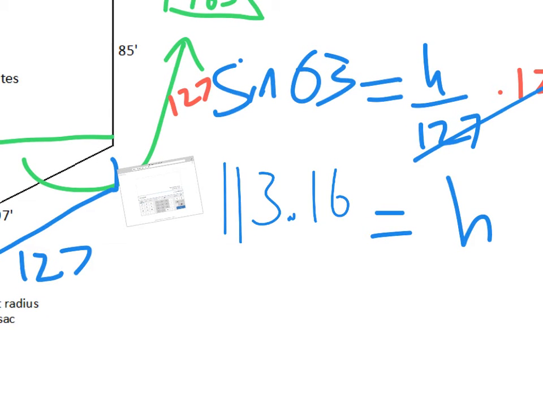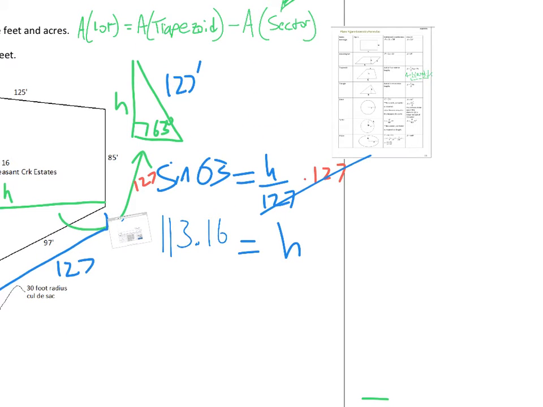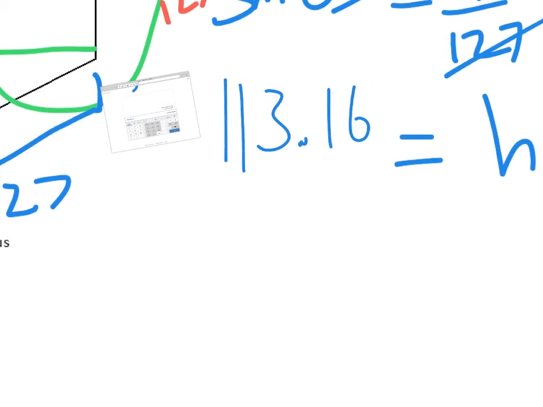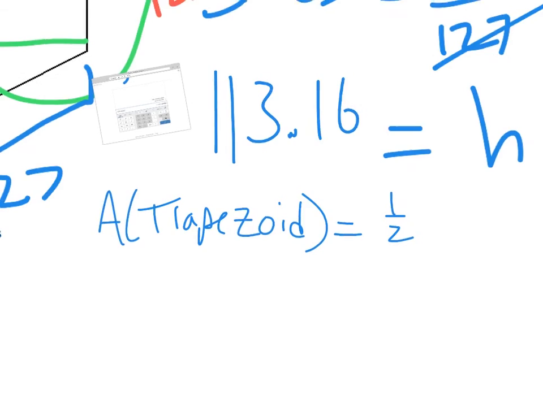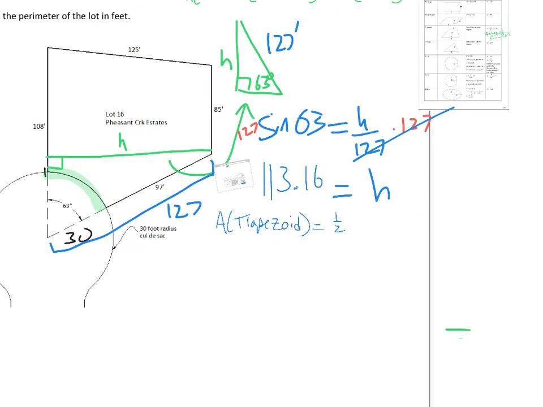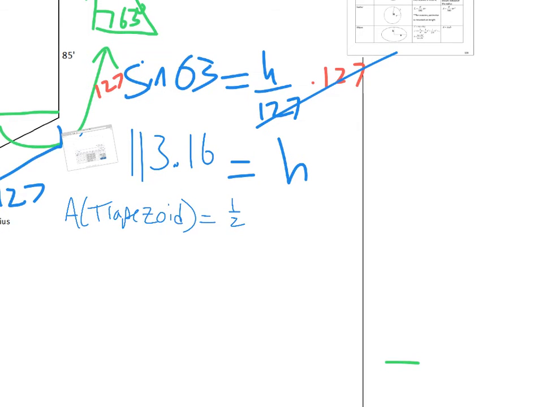So now we can go find the area. Area coming from our formula here, 1/2 H times A plus B. So the area of the trapezoid is going to be 1/2 times those parallel sides, which are 85 plus 108, so we're just basically averaging, times the height that we figured out was 113.16.